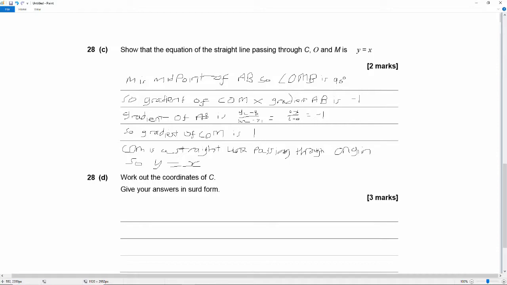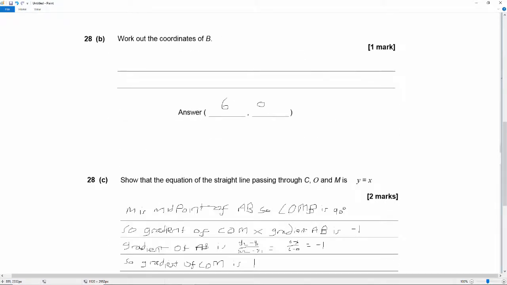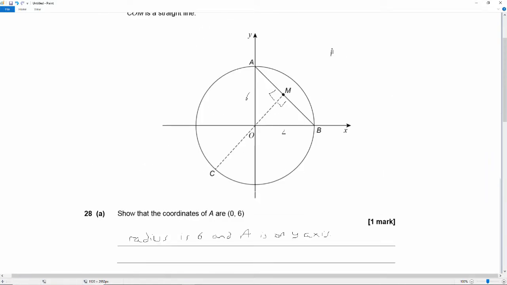Okay, so 28D says work out the coordinates of C, give your answers in surd form. So we want the coordinates of C. Let's try and figure out. So we know that y equals x.